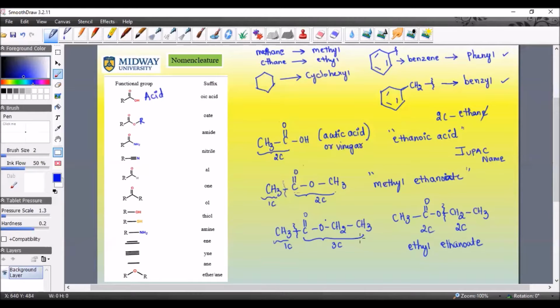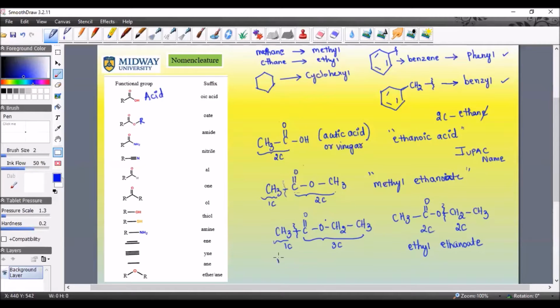By doing this split, you cannot say propyl because this C double bond O is attached to this side, so it has to be propanoate, but it violates the law. So this would not be possible. You would have to split it on this side.